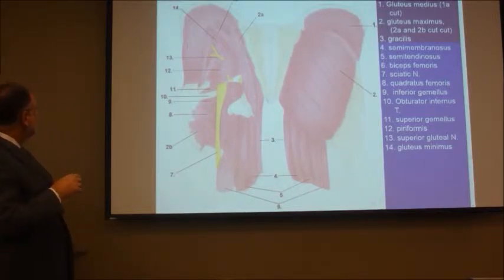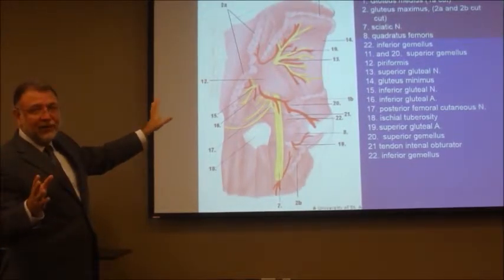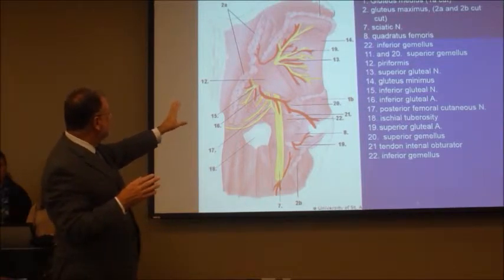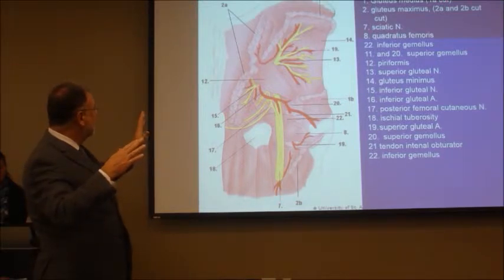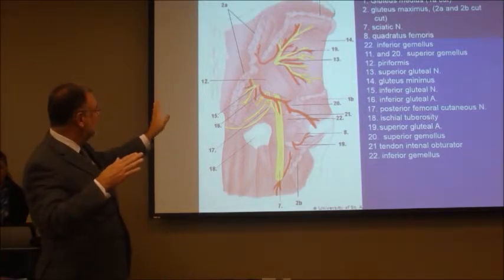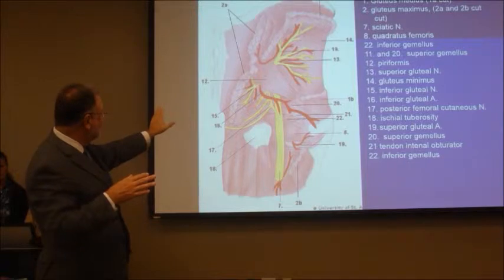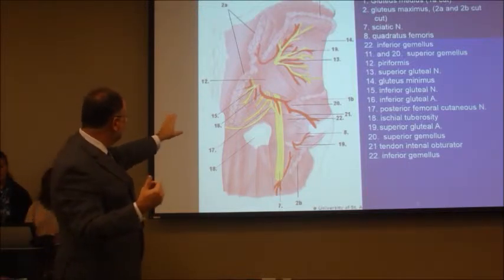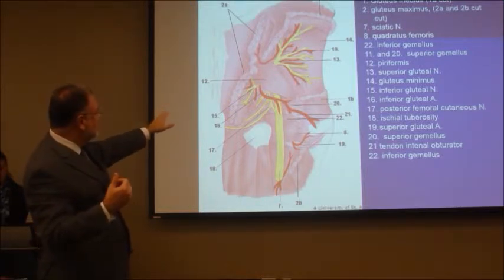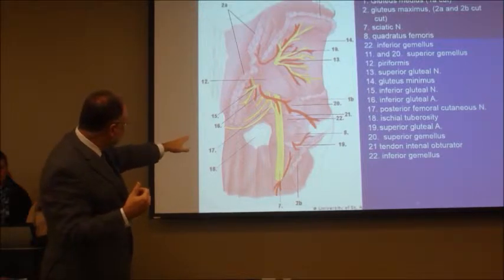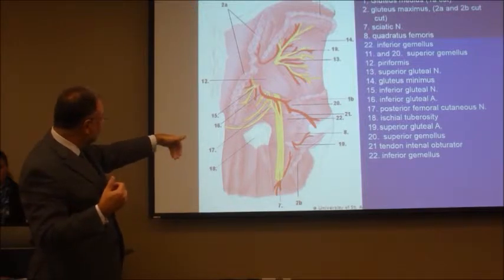If you look at the neurovascular bundle, even though there are no veins here, just the arteries, the superior gluteal artery goes along with the superior gluteal nerve, and that goes underneath and superior to the piriformis when they reach the gluteal region. Going out into the inferior gluteal region is the inferior gluteal nerve as number 15, and also the inferior gluteal artery as number 16, but then you're going to have part of the sciatic nerve going through or underneath part of the piriformis.